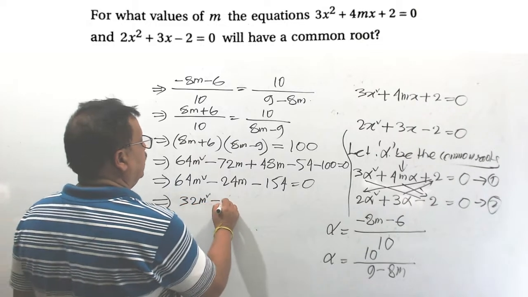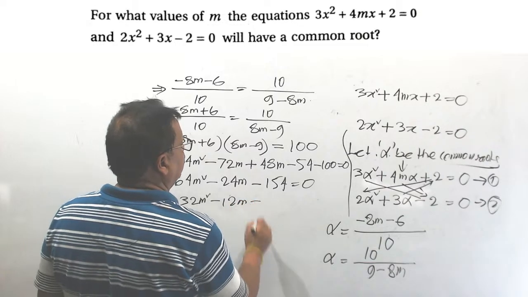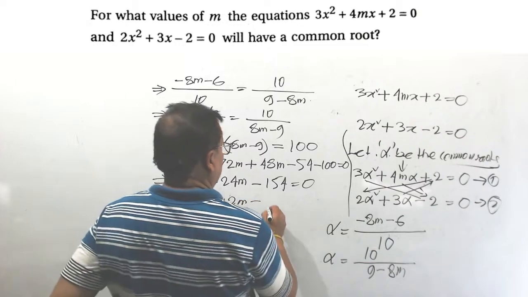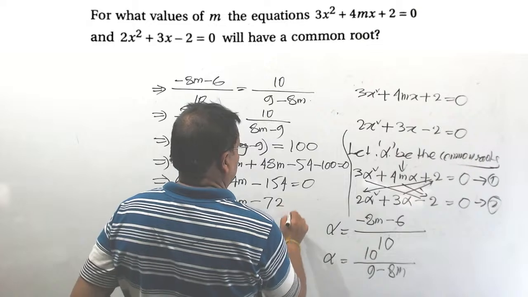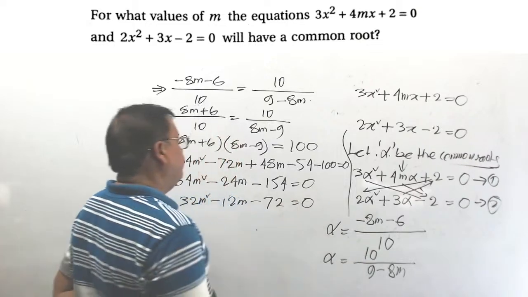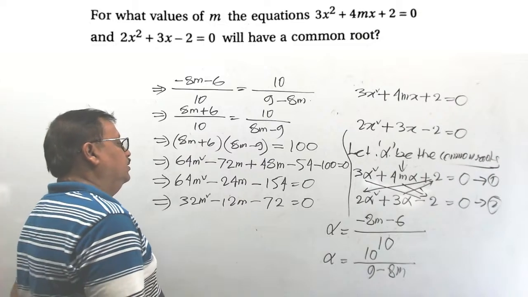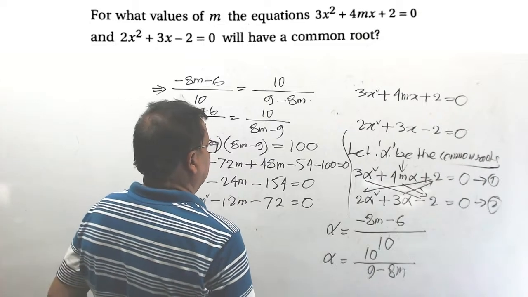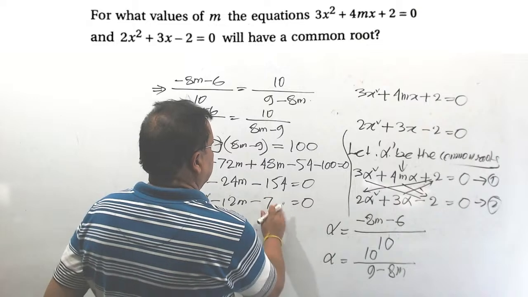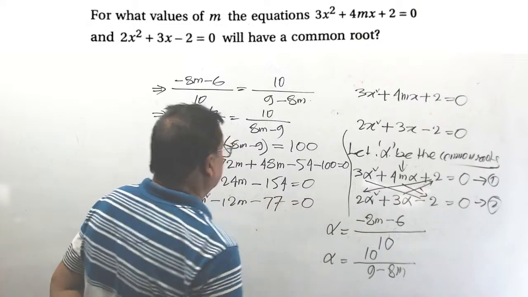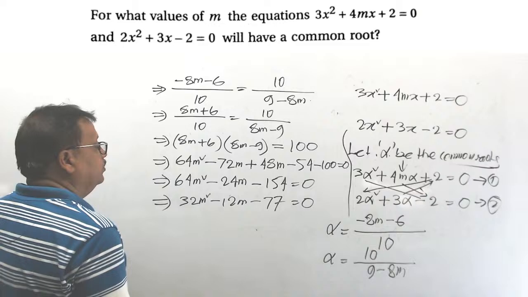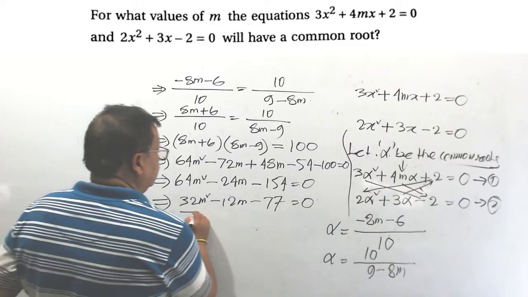M square minus 12m minus 77 is equal to 0. Sorry.